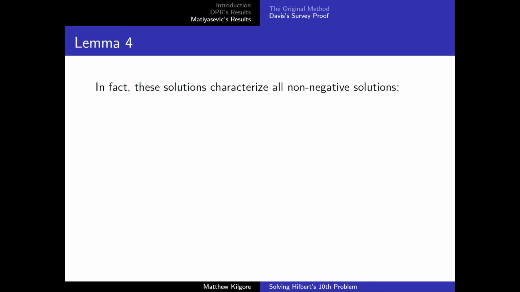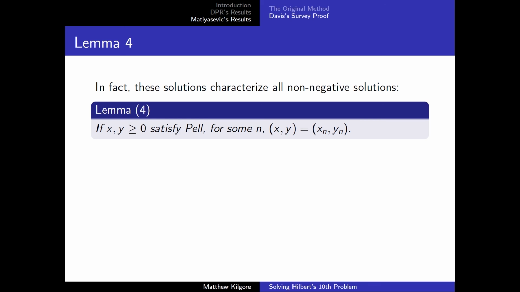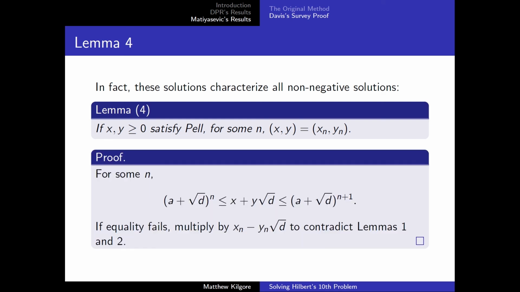Rather surprisingly, these x_n's and y_n's characterize all non-negative solutions to Pell. This is lemma 4. If x and y, greater than or equal to 0, satisfy Pell, then for some n, x, y equals x_n, y_n. The proof of this is very straightforward.